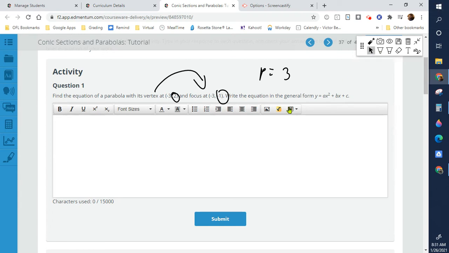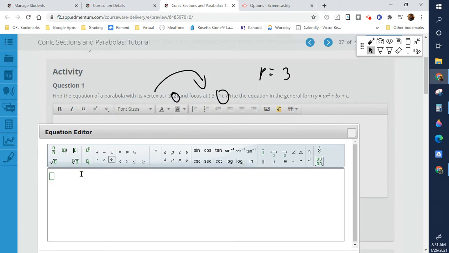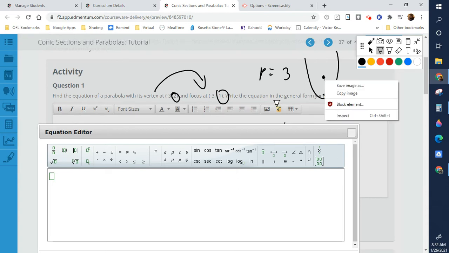So let me get into this equation editor right here. If we look at it, here's our vertex, here's our focus. Because it's a change in y, and the change in y, oh, it went down.